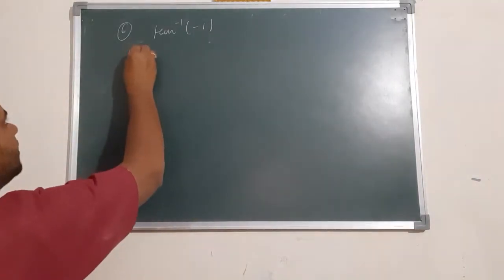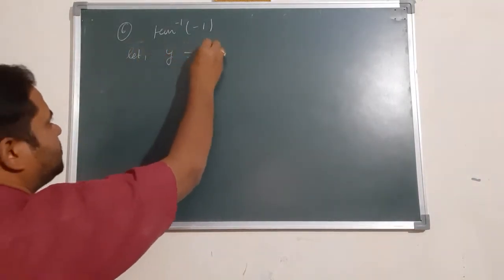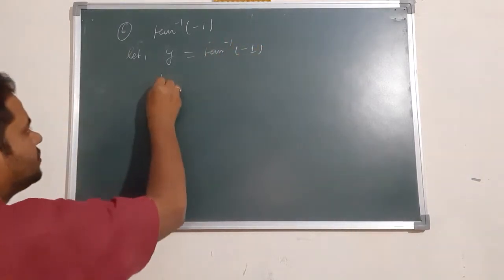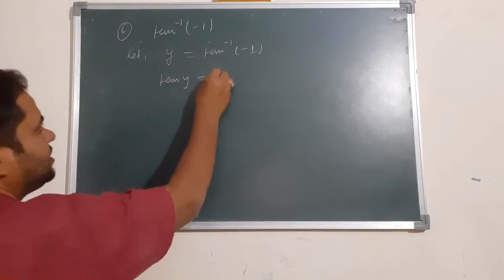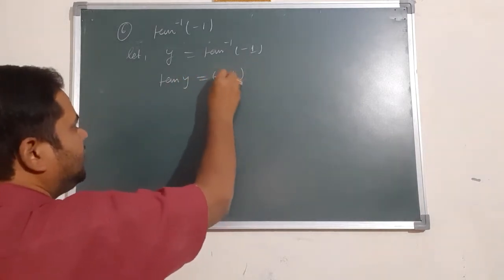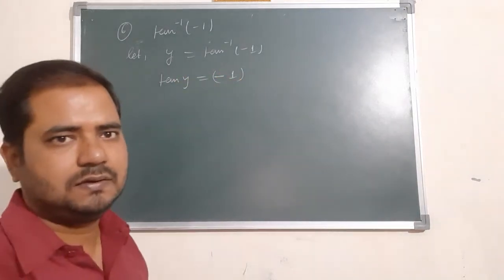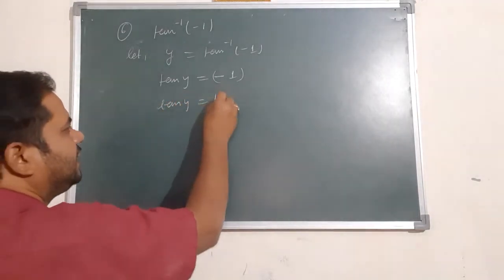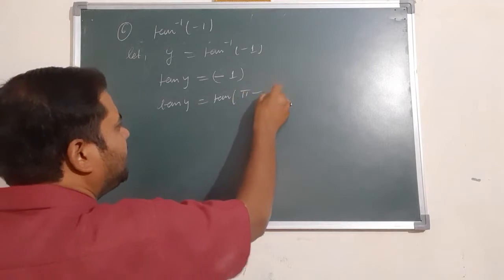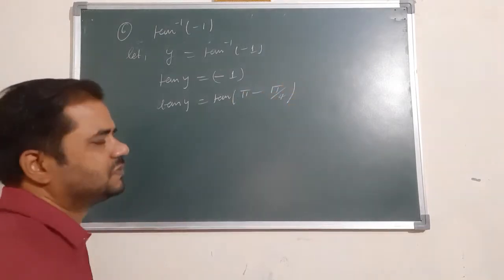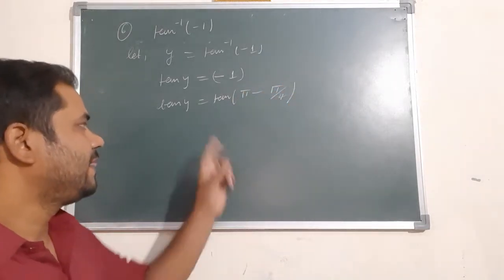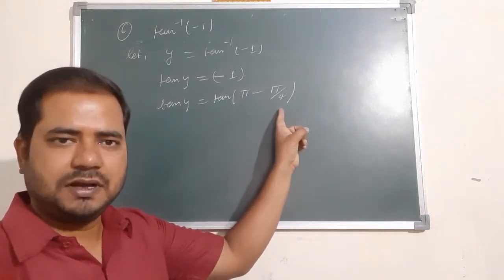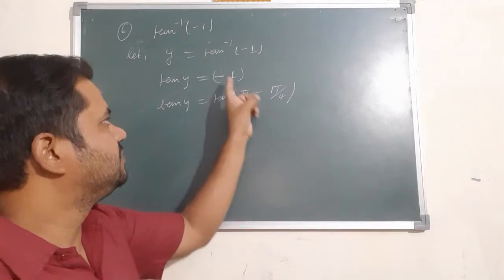Let y be equal to tan inverse of minus 1. So tan y is equal to minus 1. So tan y equals tan of pi minus pi by 4, because tan of 180 minus theta is minus tan theta, that is minus tan pi by 4, and this is minus 1 only.